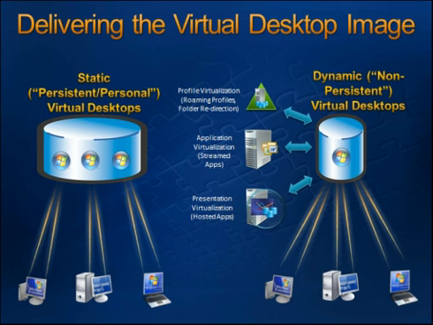How the dynamic virtual desktop works is you have one single master image, and then you create multiple differencing disks. For your master image, you will install your operating system and all your applications. And then the differencing disk is going to connect to the master image. It acts as a parent and child relationship.